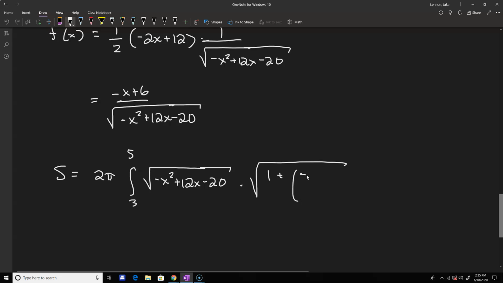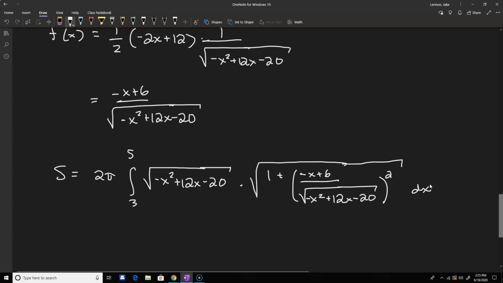So we have minus x plus 6 over the square root of minus x squared plus 12x minus 20. So it looks like a gigantic mess, but we're going to get some nice cancellation eventually. Okay, so how is that going to happen?